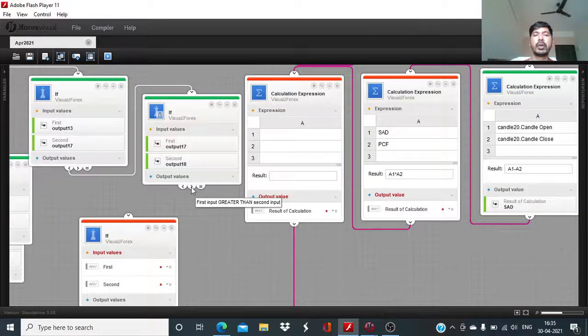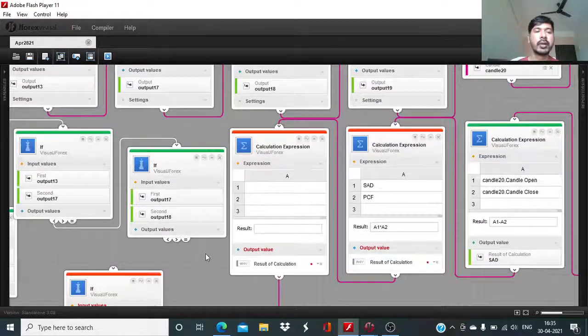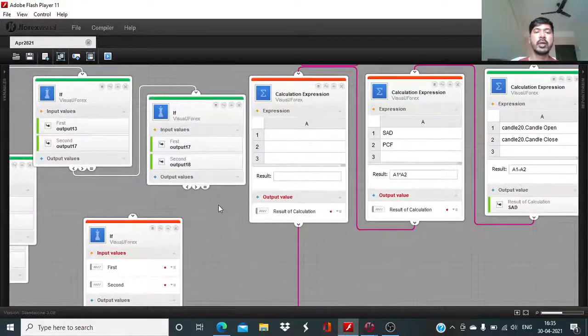First input less than, no, let me, this should be first input greater than second input.